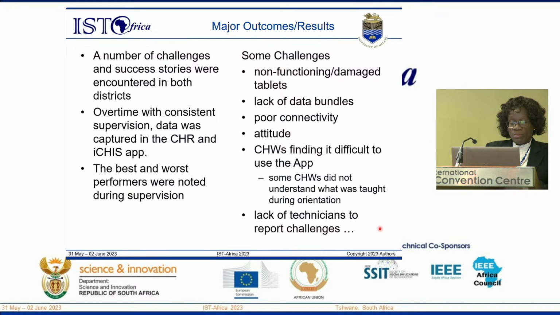Over time, with follow-up supervisions, we noted that things improved quite a lot, and data was captured in the community health register and the Integrated Community Information System application. Along the way, as we supervised, we were also noting the best and worst performers.